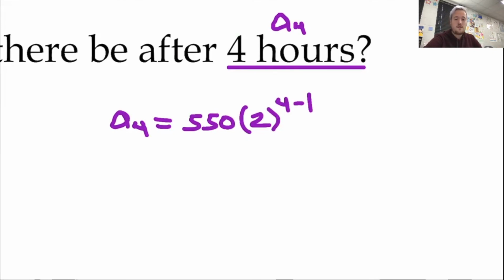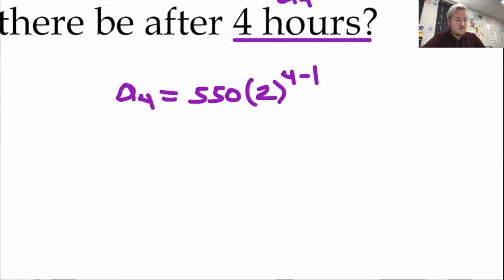So 550 times 2 raised to the 4 minus 1. I'm just going to do this off to the side so I don't have to keep going back and forth. 550 parentheses 2 raised to the 4 minus 1, which is going to give you 4,400.